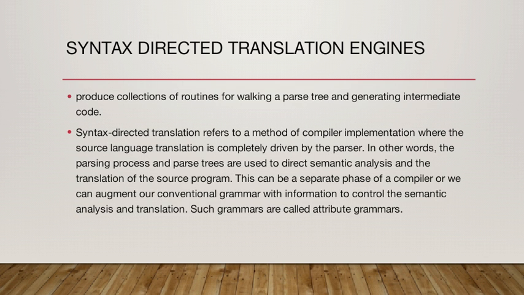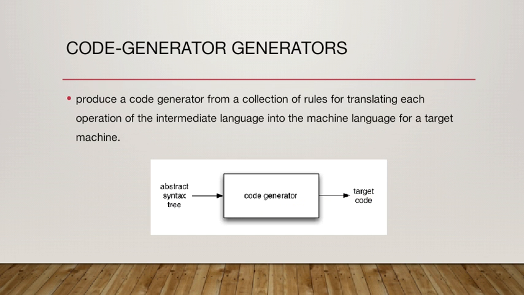In other words, the parsing process and parse tree are used to direct semantic analysis and the translation of the source program. This can be a separate phase of a compiler, or we can augment our conventional grammar with information to control the semantic analysis and translation. Such grammars are called attribute grammars.